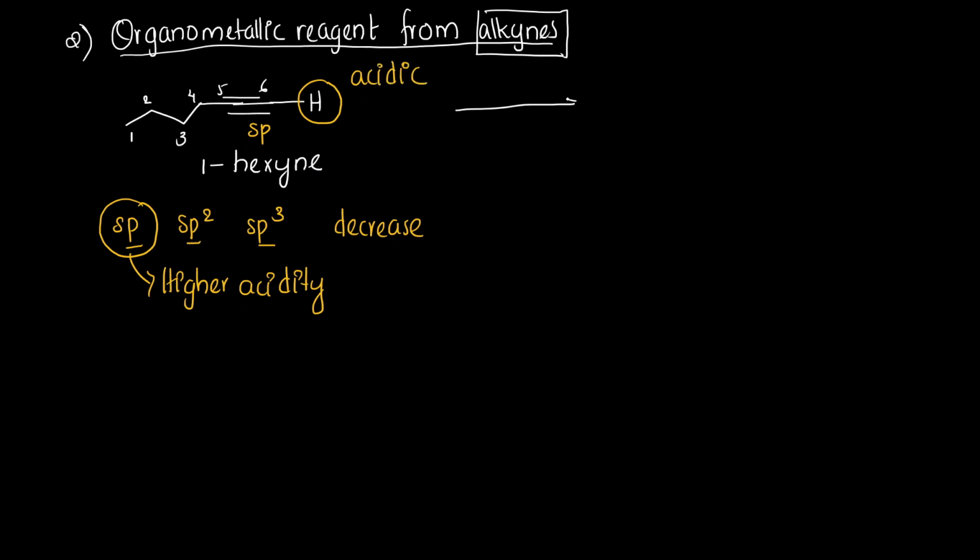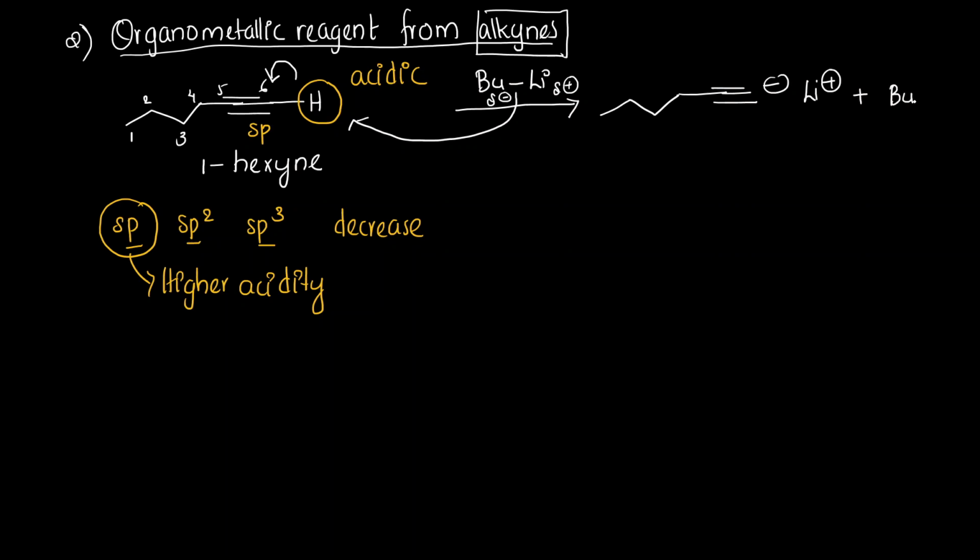So if we use our organolithium reagent, this lithium has the positive and butyl has the negative. This will take the hydrogen from the hexyne and it will generate the minus here. So you will get this, which is stabilized by the Li plus, right? And you will generate the butane. This will form a covalent bond here.